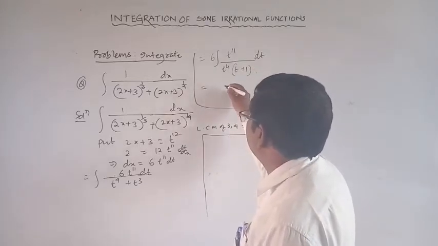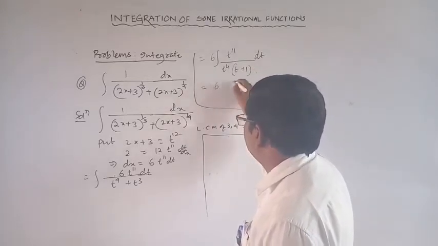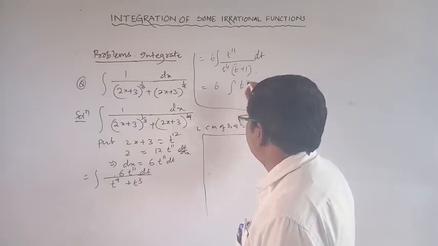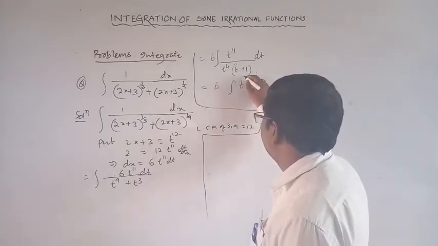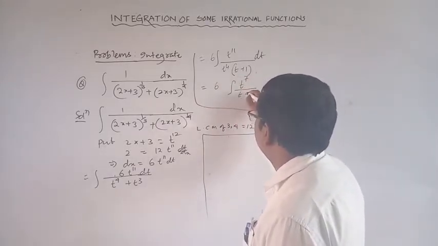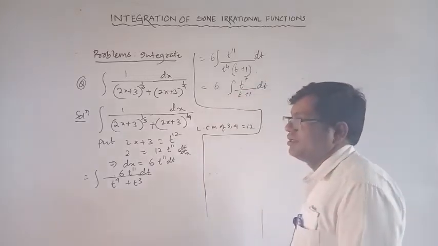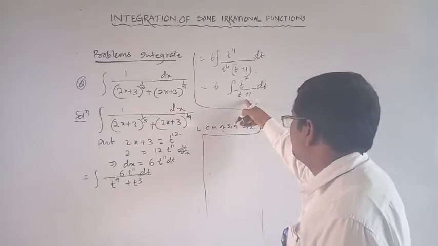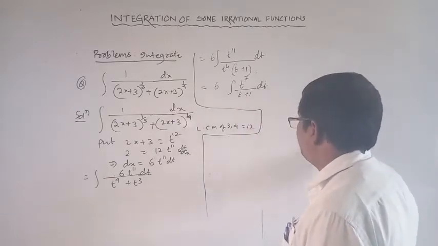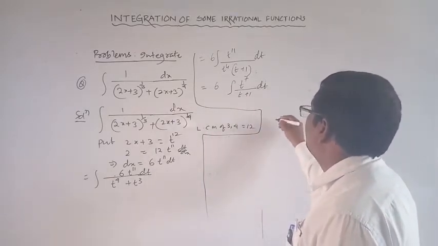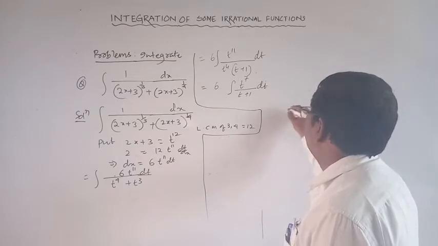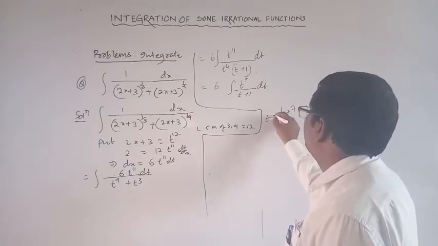So this is equal to 6 into t to the power 7 by t plus 1 dt. Now the degree of the numerator is greater than the degree of the denominator, so the division method is applied. Now divide t7 by t plus 1.